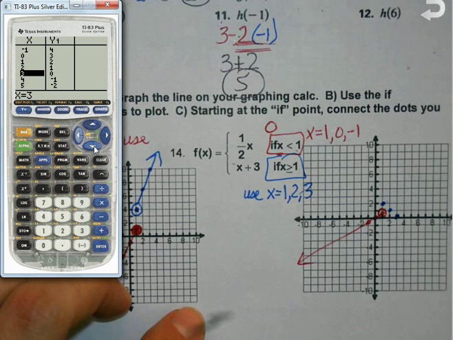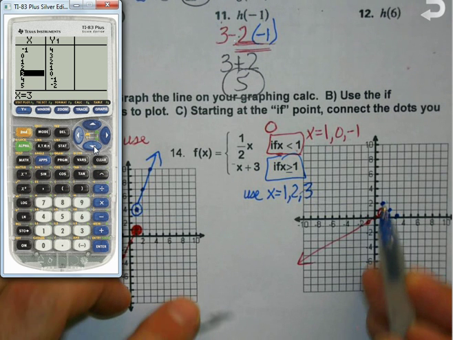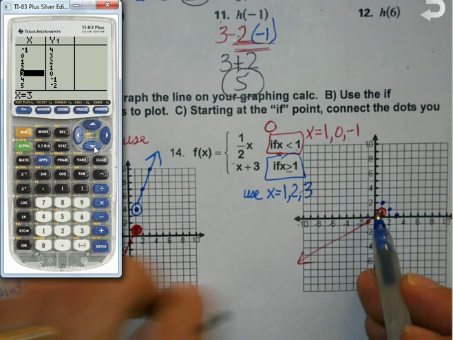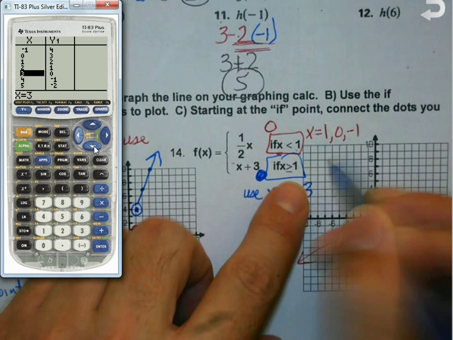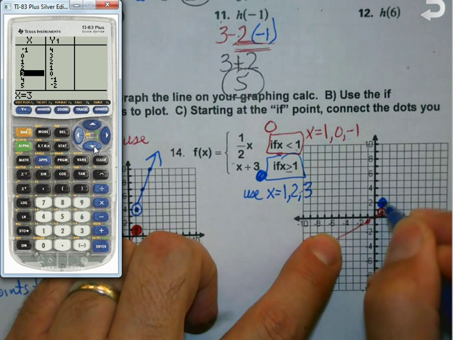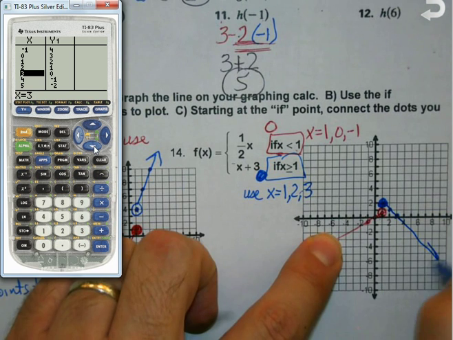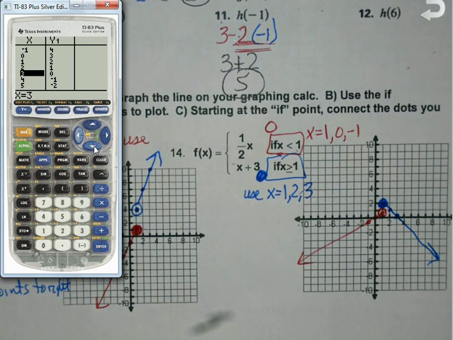Again, I'm starting at 1. They both will always start at the same number. But here it's "or equal to," so it's closed. And then I connect the dots with the rest of them. There will be some times that those actually start at the same dot. We'll probably see one of those as we go through the rest of these, but nothing too bad.